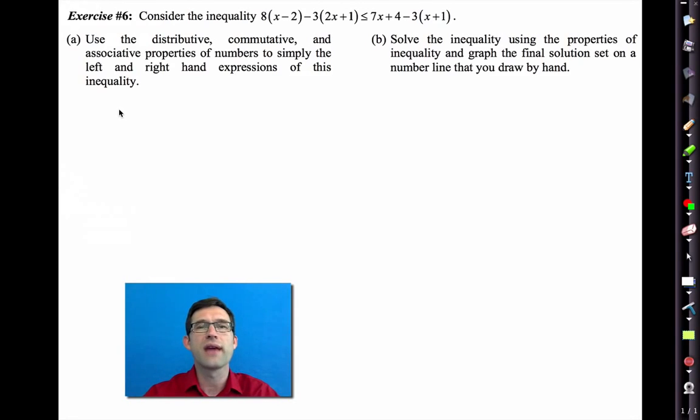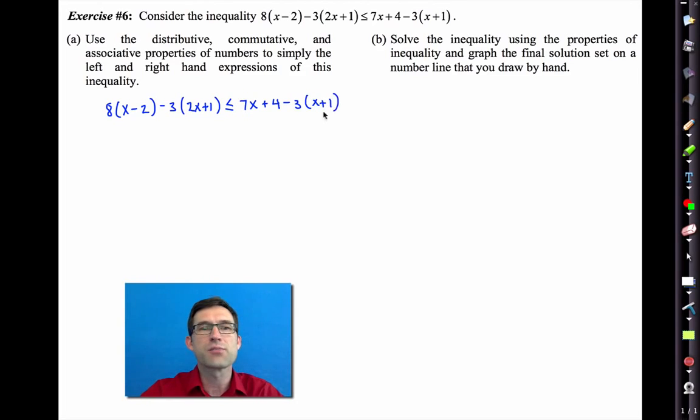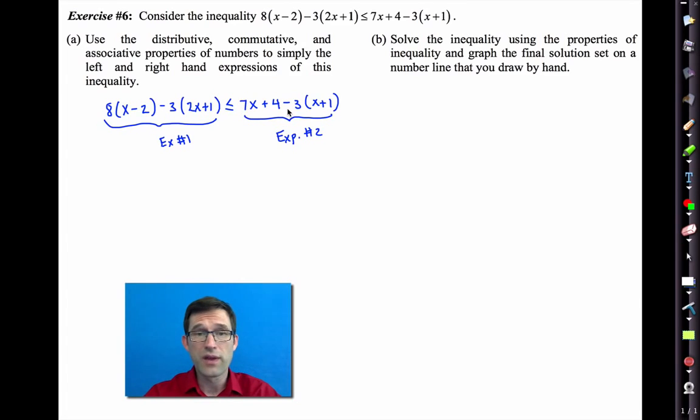Normally, we wouldn't necessarily break it down into part A and part B, but I really want you to understand something as we solve this inequality. When we're manipulating the expression on the left-hand side, expression number 1, and then expression number 2, when we manipulate these two things independently, that has nothing to do with the inequality.